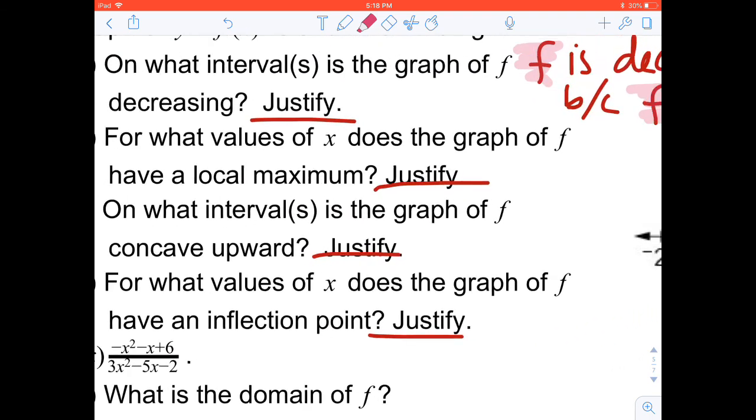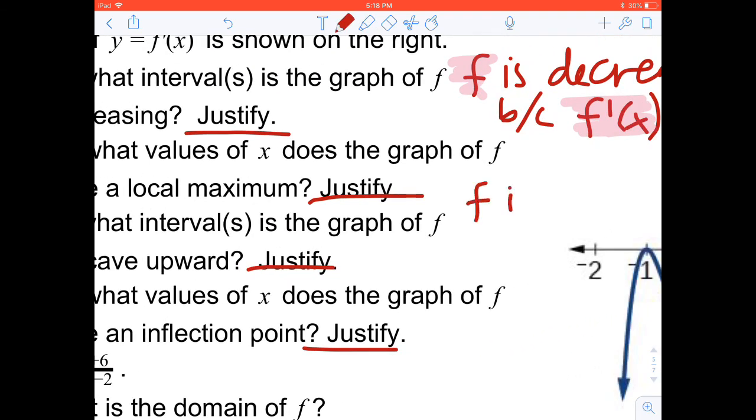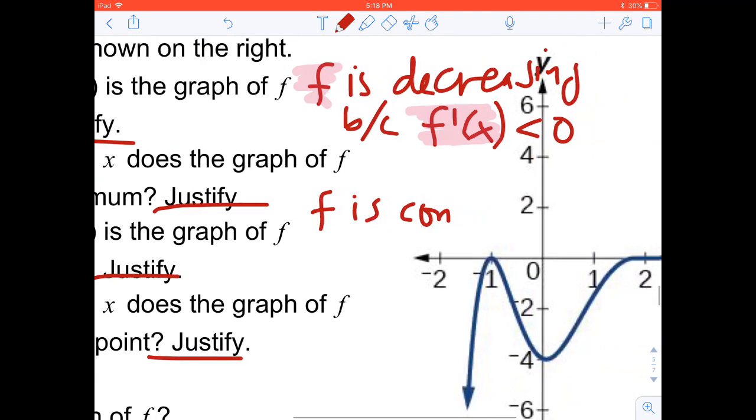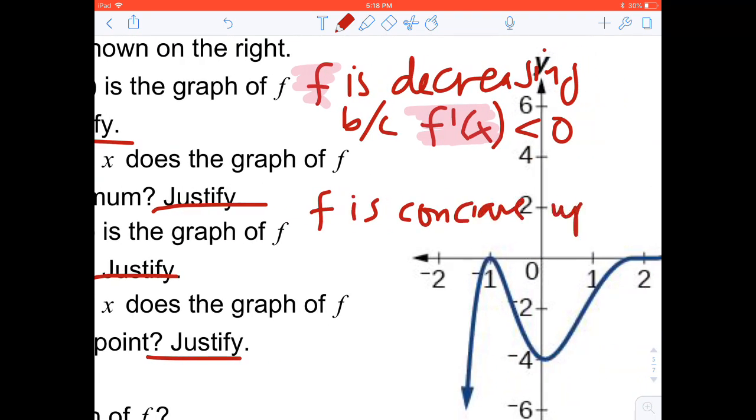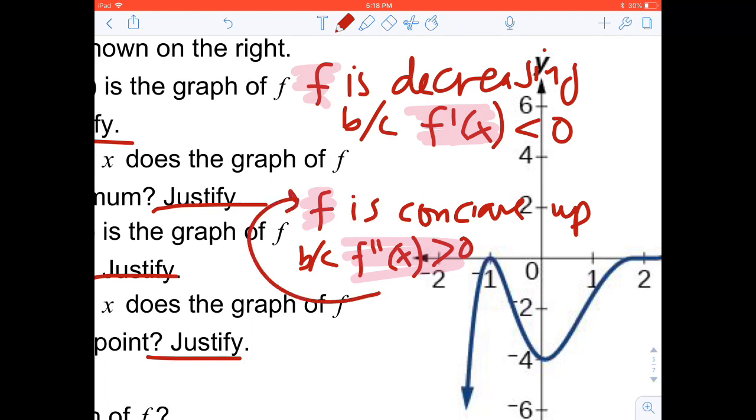Over here, when we're talking about concavity, you're going to say that f is concave up because f double prime of x is positive. So make sure that you are clearly stating that the derivative, whatever derivative it is, is telling you information about that f function. It's telling you when f is decreasing, when f is increasing, and all that.